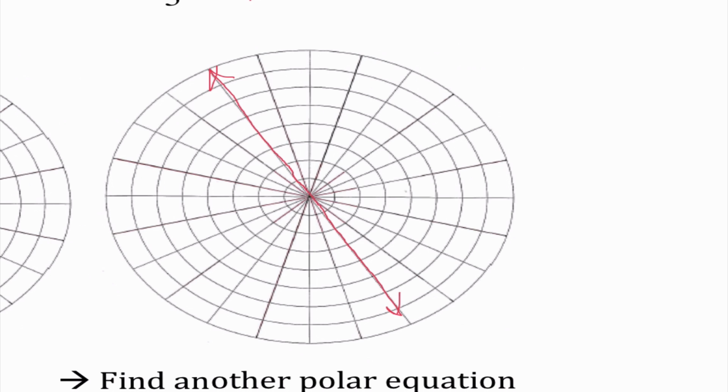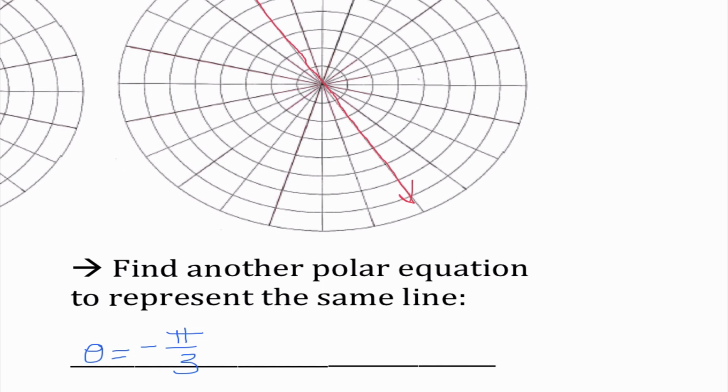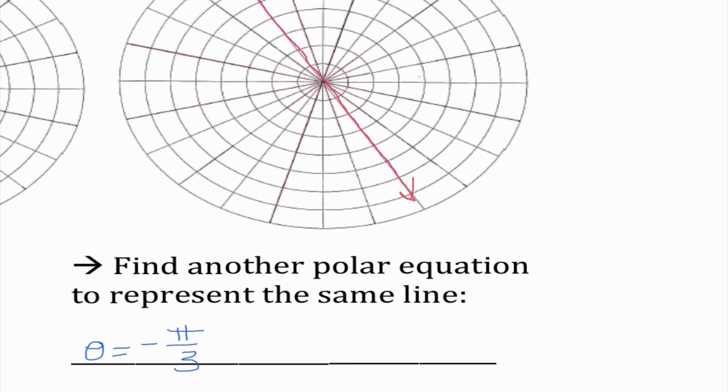Okay, so those are what circles and lines look like. In fact, here we go. It says, find another polar equation to represent the same line. Okay, we could write a few things. I could say that this is negative pi over 3, because technically what we did was move 60 degrees in a clockwise manner.